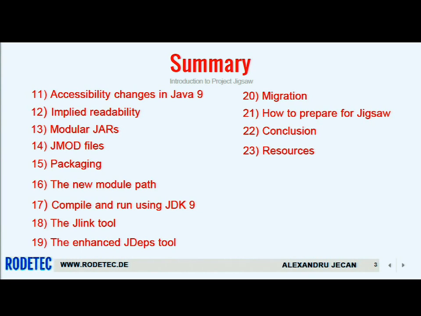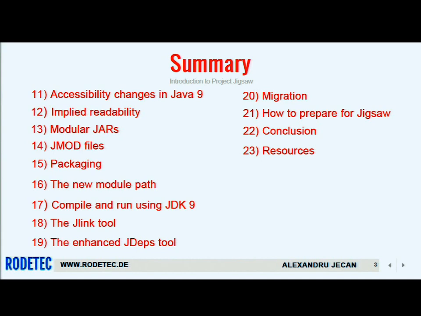Then we will compile and run using JDK 9. We will show you the JLink tool, which is used to build a smaller runtime image, so as not to have all the modules. And we will see the enhanced JDeps tool that can search for JDK internal APIs and show what kind of dependencies you have in your code.